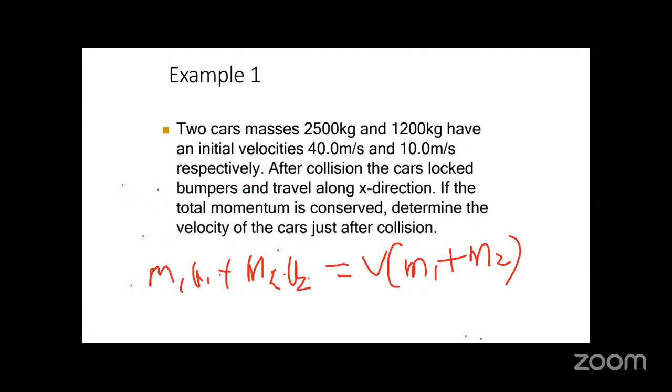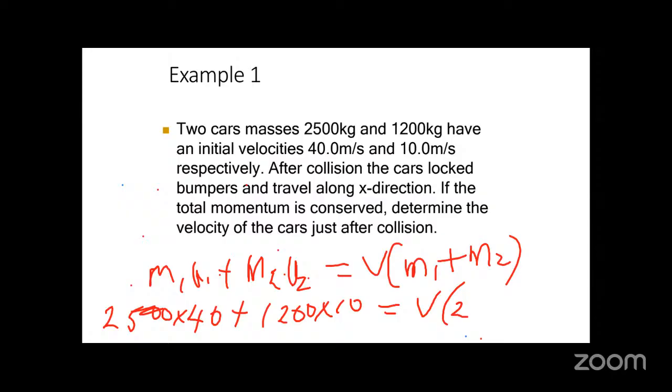So m1 is 2,500 times 40 plus 1,200 times 10 is equal to V times (2,500 plus 1,200).